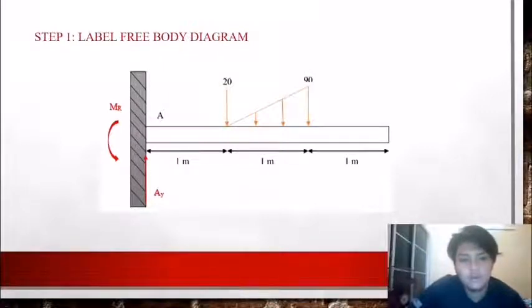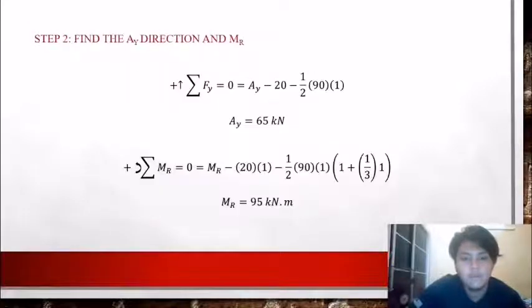We put the MR and AY in the diagram. Step 2, find AY and MR using sum of Fy, and we found AY equal to 65 kN and MR equal to 95 kN·m.